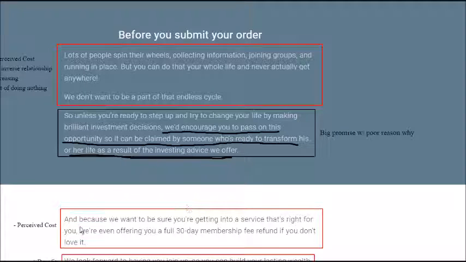So I don't know why they did this, because they can connect not wanting them to spin their wheels to their full 30-day membership refund by just saying something like, that's why we encourage you to act now. The faster you take action, the faster you'll get results.